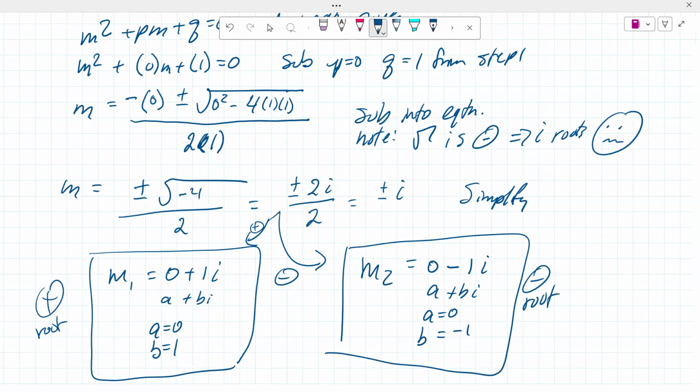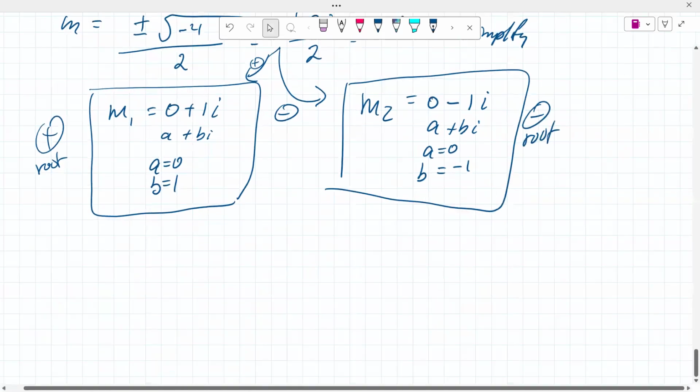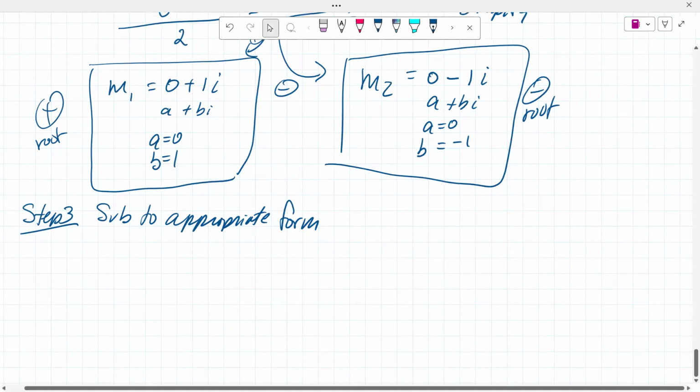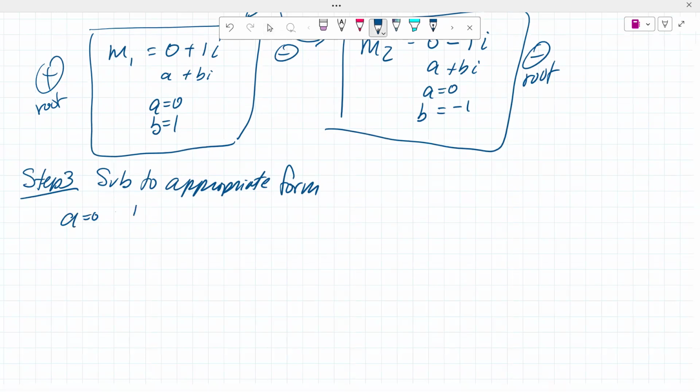Step 3, sub into your form. So we've identified this is complex. Sub into the appropriate form. So again, we tap the shoulder of our math friends. We can go back to our info from above and we see what the functional form is. Again, we have a equals 0 and b equals 1 for our positive root.